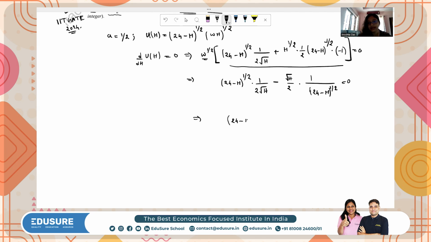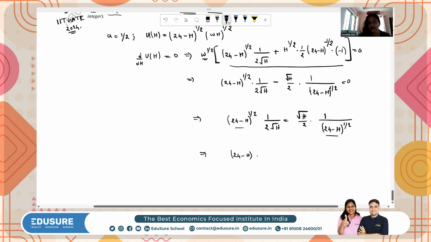So 24 minus h to the power half, 1 by 2 root h equals to root h upon 2, and then this 24 minus h to the power half. So you can take this to this side. So you have 24 minus h and then half. Okay, so we can cancel this.